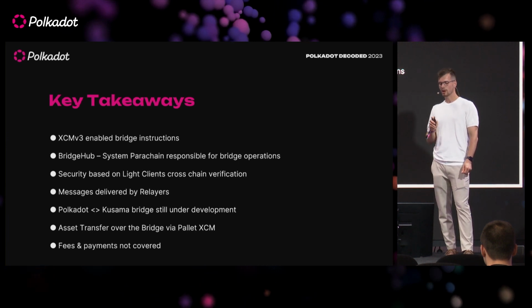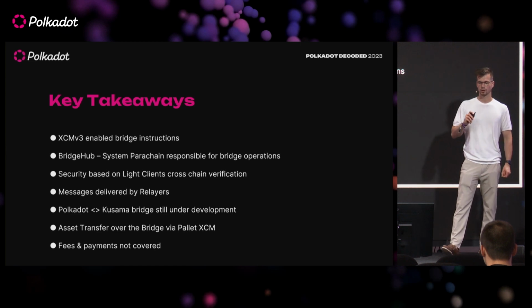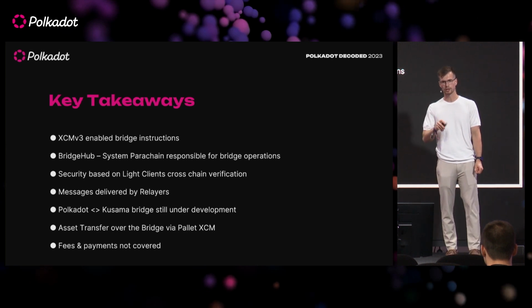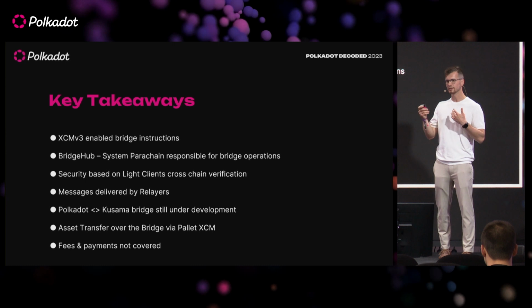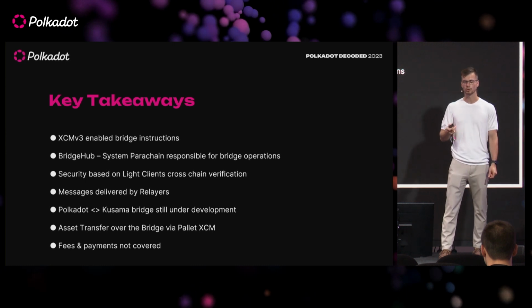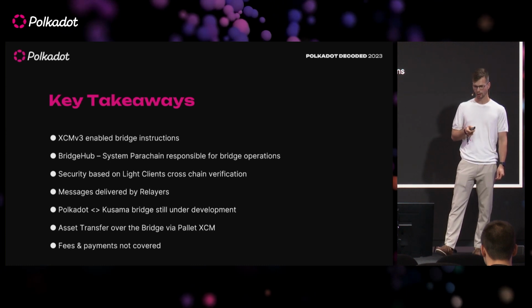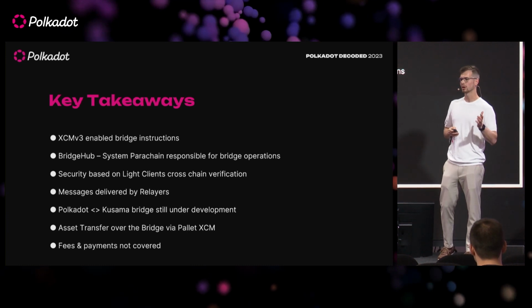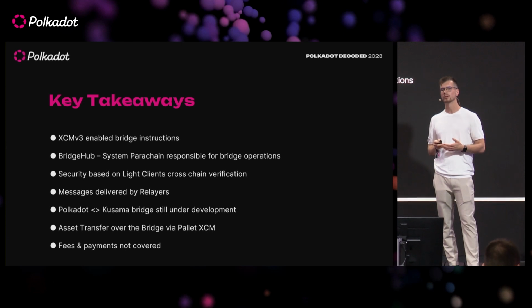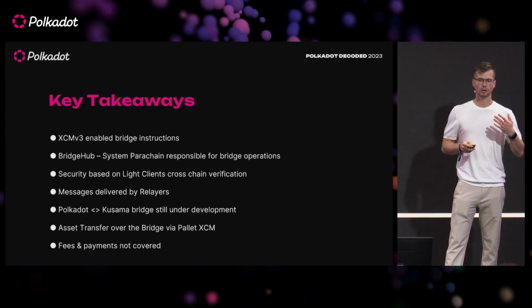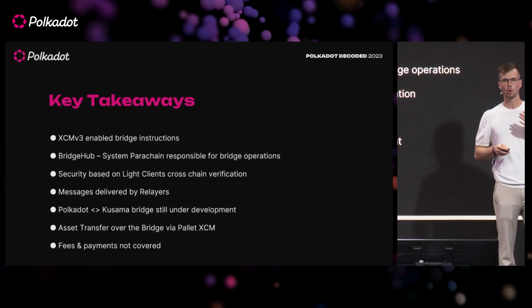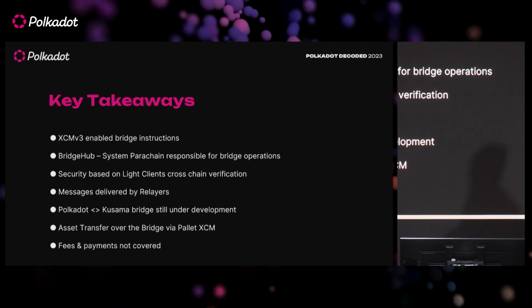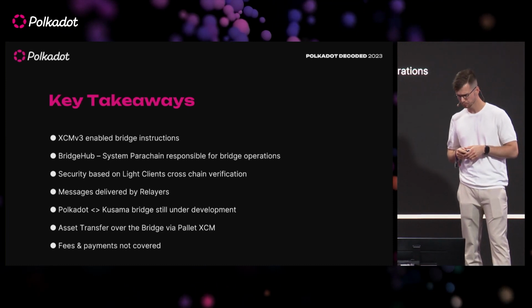We need to also remember that messages are delivered by relayers. So we need off-chain entities that relay our messages between two sovereign chains. An additional thing to remember is that the Kusama to Polkadot bridge is still under development. We have also some open PRs, some discussion ongoing, so it can slightly change in the future.